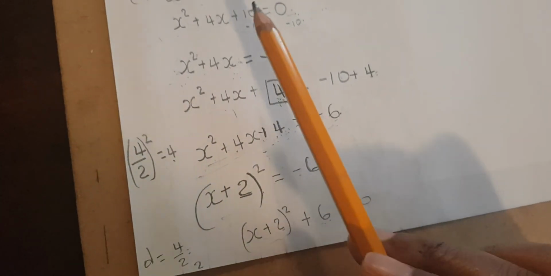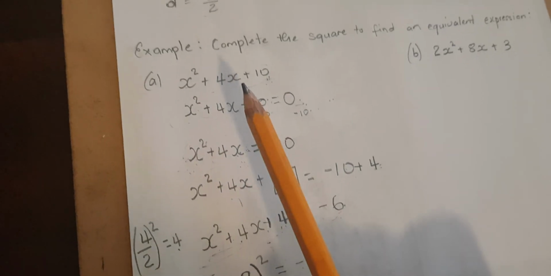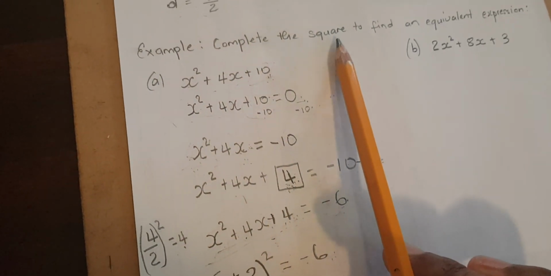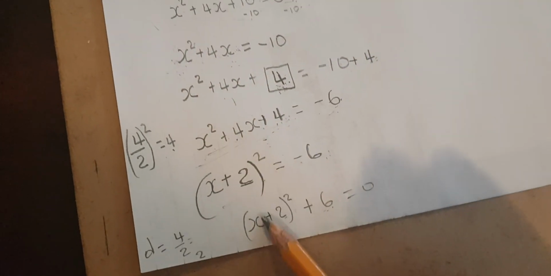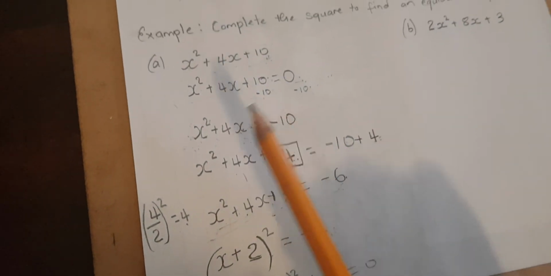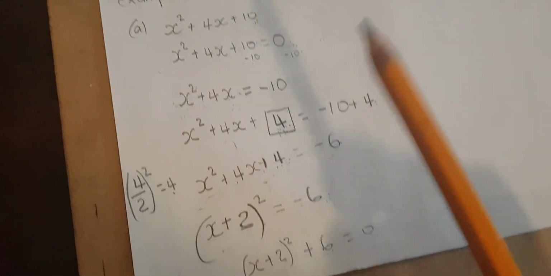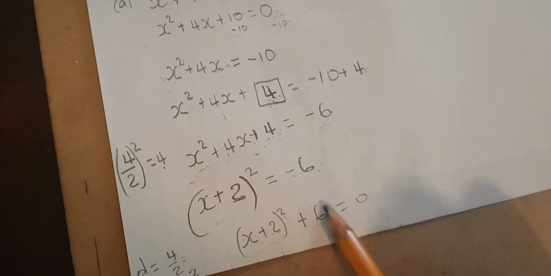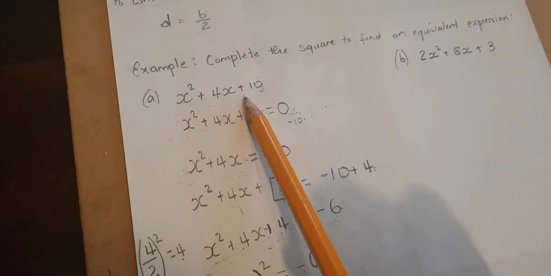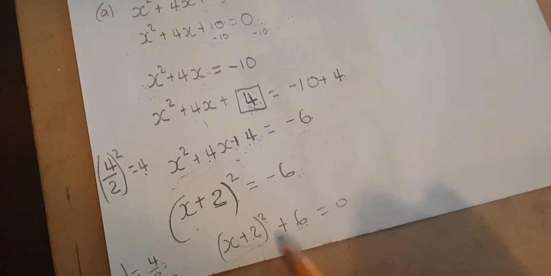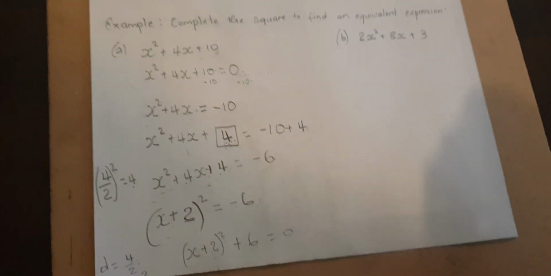And this is how we complete this square. This right here is equivalent to all of this here. If you were to expand the bracket and do this, you should get back this. And this is where we have it written in vertex form. Okay?